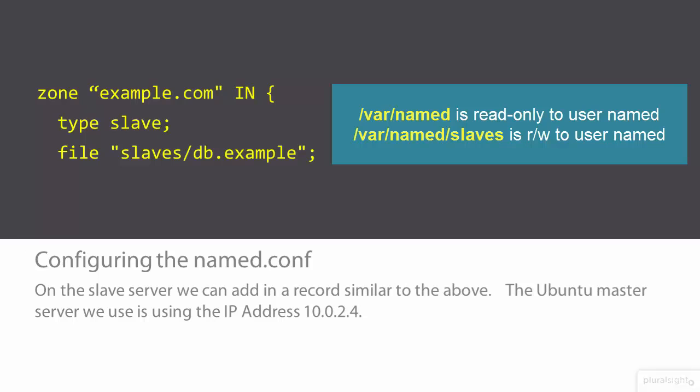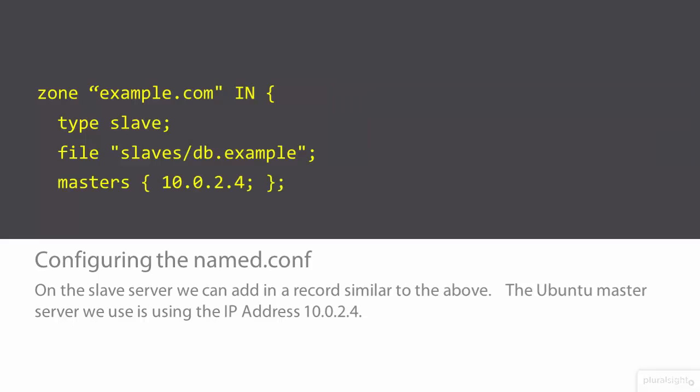We don't create this file, the name daemon does during the replication or the initial replication. We can set the address of the masters and then close the record off. The address that we've put in, of course, is the IP address of our Ubuntu host. If you're using different address ranges, then of course use the address range that your master is located on.